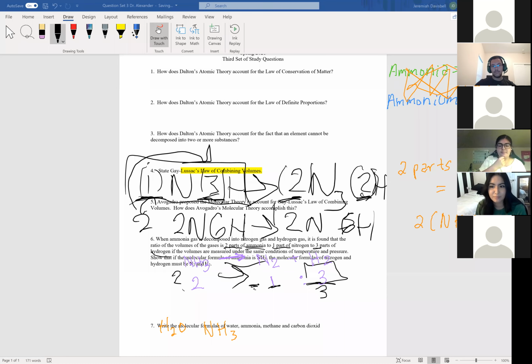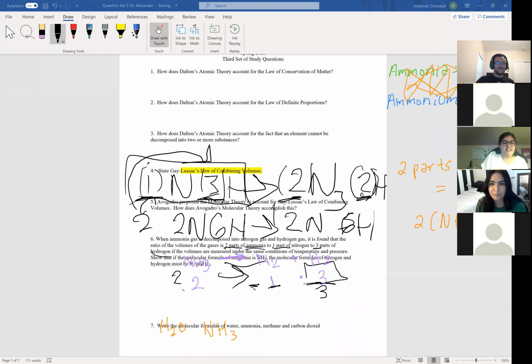Isn't it alkane? Alkane, yeah. An alkane, or does anybody know what the other name for the alkanes are? What is an alkane made up of? Is it made of carbon and hydrogen?